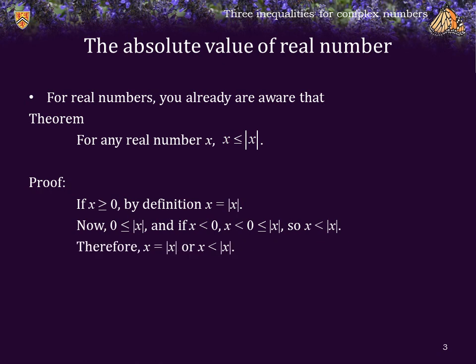Therefore, we have two and only two possibilities. Either x equals the absolute value of x, or x is less than the absolute value of x. Consequently, the above statement must be true. x must be less than or equal to the absolute value of x. We indicate the end of a proof by a solid white rectangle.